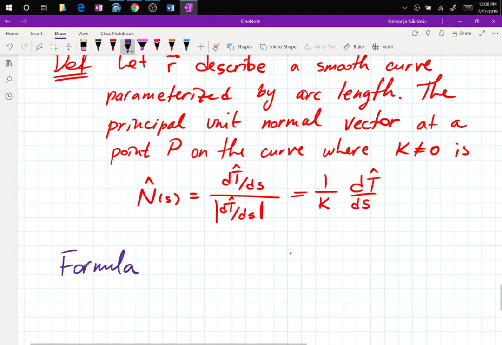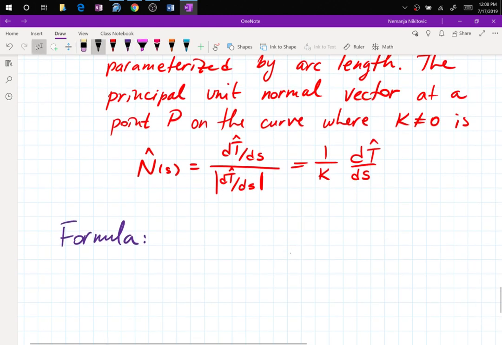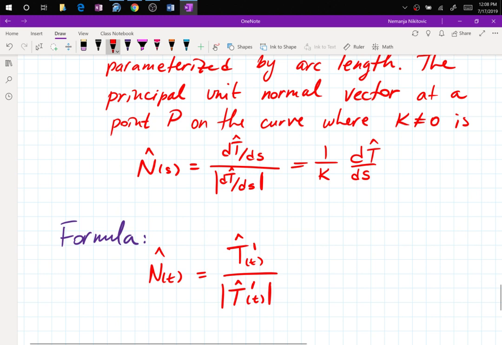And when you work out that calculation, you come up with a formula which you would use to calculate the normal vector in terms of t. That formula is the change in T with respect to t: T prime divided by the magnitude of T prime.